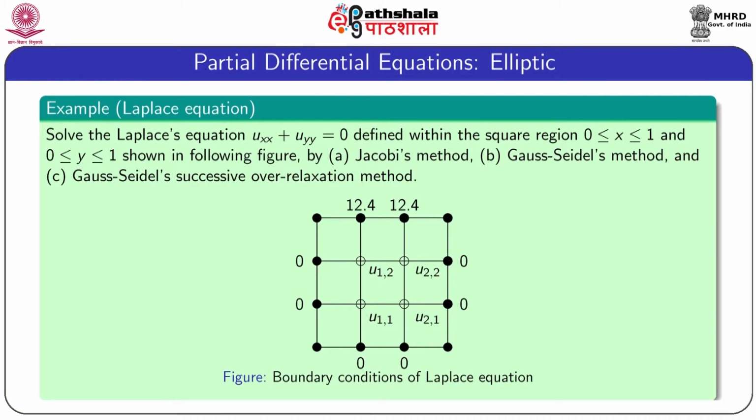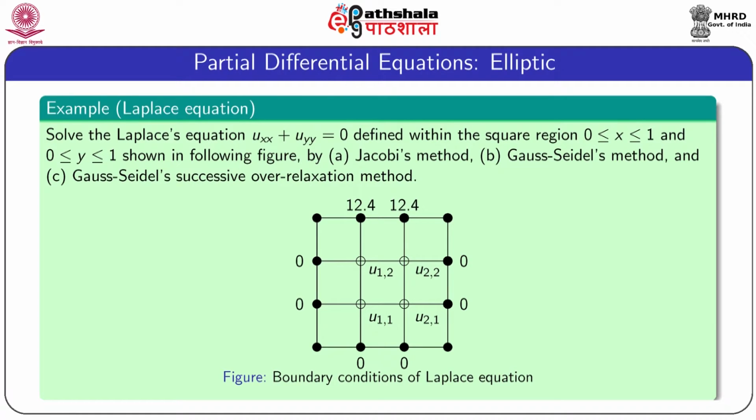So we have described Jacobi's method, Gauss-Seidel method and successive over relaxation method to modify the approximate values, and the over relaxation method is used to accelerate the rate of convergence by choosing an appropriate value of the relaxation factor w. Now we consider the Laplace equation, to be solved by the 5-point formula, and the results obtained by the 5-point formula are updated by Jacobi's method, Gauss-Seidel method and Gauss-Seidel successive over relaxation method.